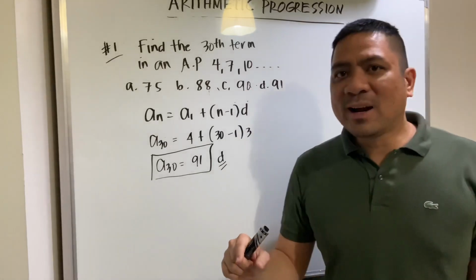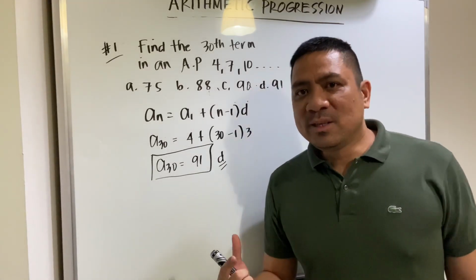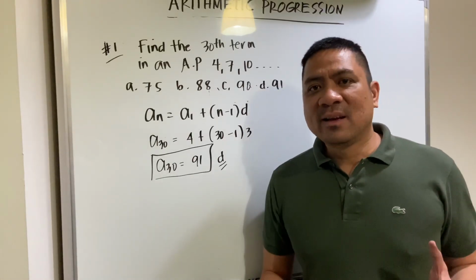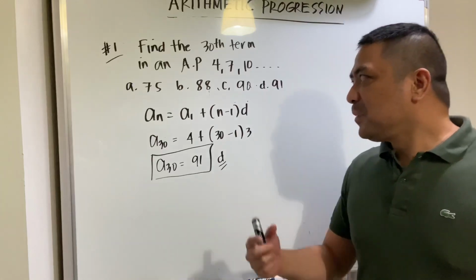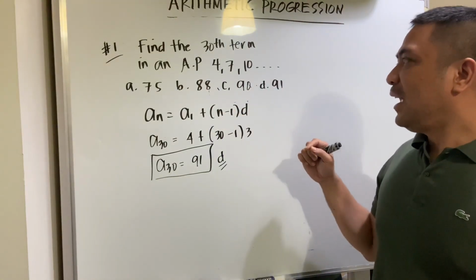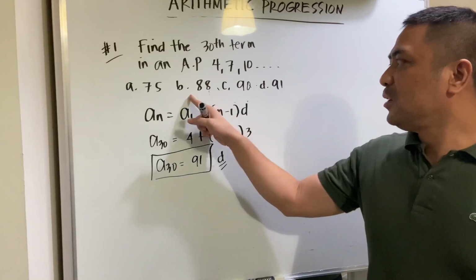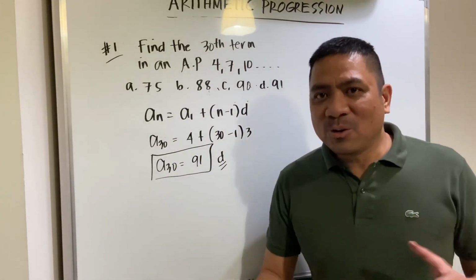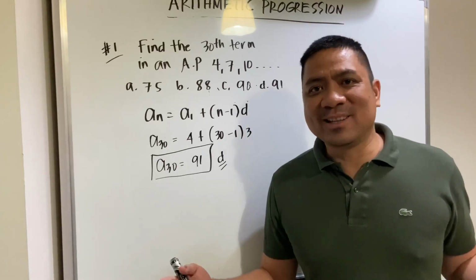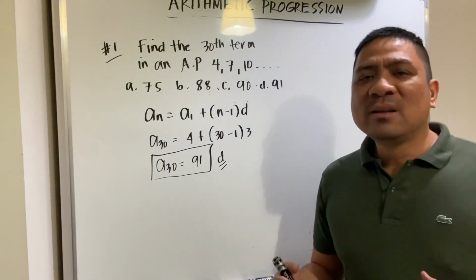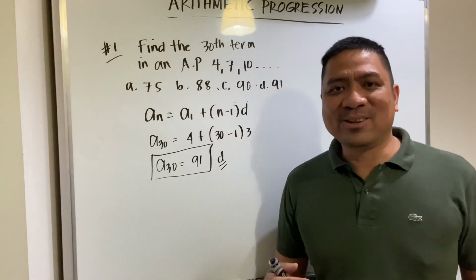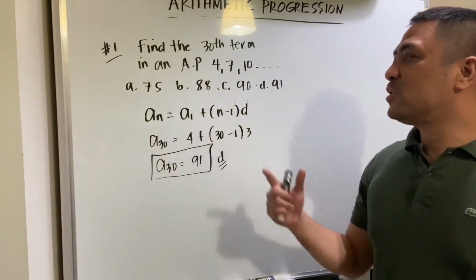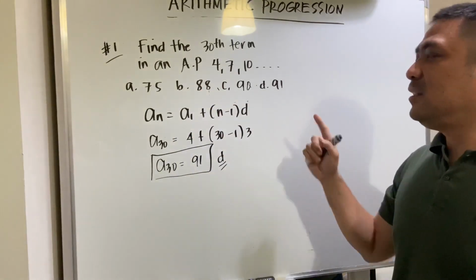In this case, if you are asked to find the 30th term, which is an even term number, you expect an answer which is an odd number. So from the choices, you can outright eliminate two, letter B and letter C. This is only in case you don't know the formula and you cannot extend the series anymore, so you just have to do a short analysis. Then you just have to choose between A and D.